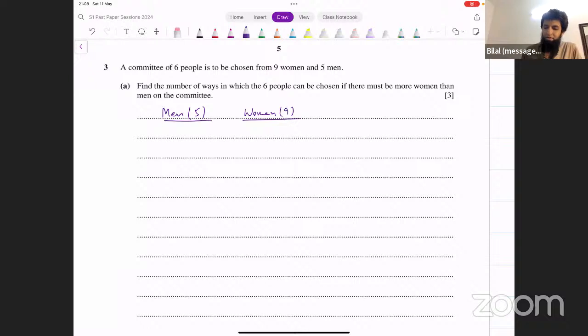What they want is the number of women to be more than the number of men, and the total number has to be 6. What are the possibilities? You're going to have 2 men and 4 women. You could have 1 man and 5 women, or you could have 0 men and 6 women. These are the only 3 possibilities that you have. Find each of these cases, add them up together, and that will give you the result.